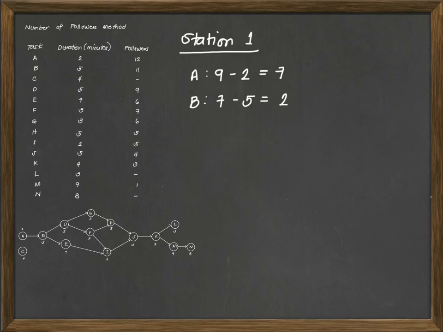So, next is yung may pinakamaraming followers, which is si D. D has 9 followers, kaso ang duration niya is 5 minutes, and we only have 2 minutes na available time. So, we will be looking for other tasks na pwede natin ilagay kay station 1 just to maximize the cycle time for that station.